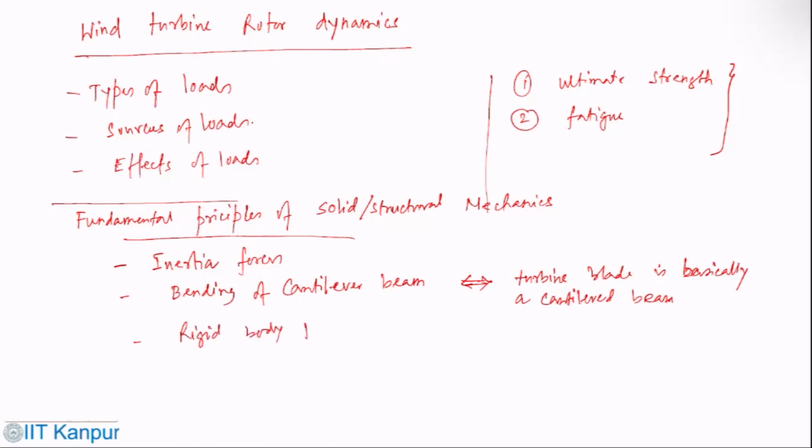Then we have talked about rigid body planar rotation. So we have this two-dimensional rotation which acquires angular momentum. Due to this angular momentum, you could correlate through Newton's law of motion that the magnitude of the sum of moments is J alpha, the mass moment of inertia times alpha.